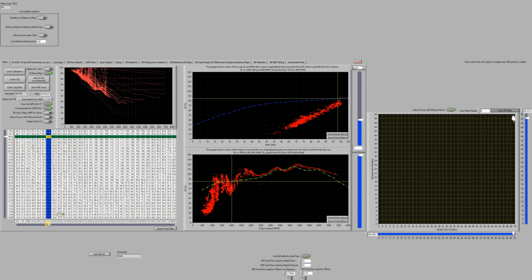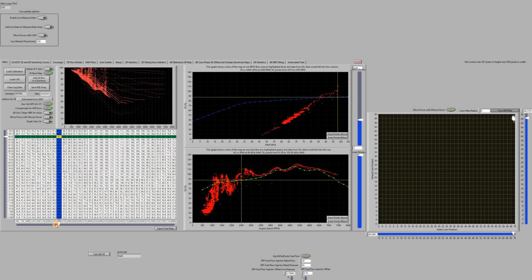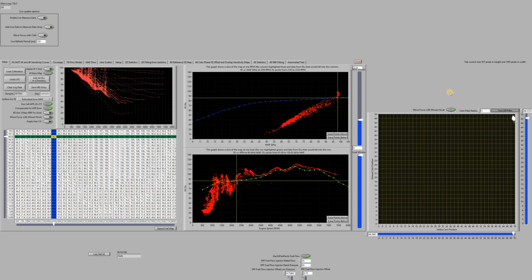And maybe more to the point for this discussion, at the high overlaps over in this corner, you have a dramatically different slope to the VE versus MAP relationship, and things are quite peaky here because of the effect of the exhaust tuning and things like that.